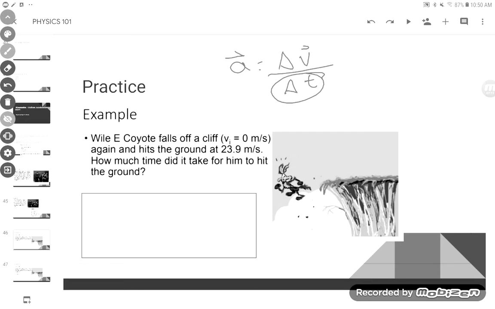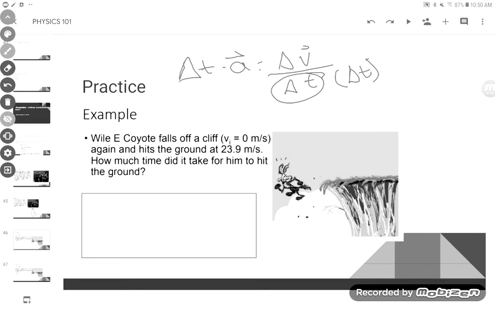So what we're going to do is times each side by delta t, just like you used to do in math, and this delta t is going to be over here by itself.